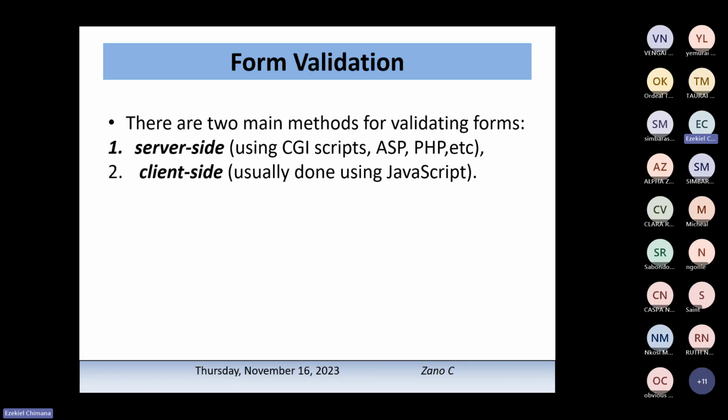And then there's what we call the client side, usually done using JavaScript. Normally we ask a lot on form validation using JavaScript, because that's where it comes in handy. If you want to do the client side part of it, you cannot use PHP. Yes, you can, but it's not necessary. They just use JavaScript, and the PHP is for the server side.